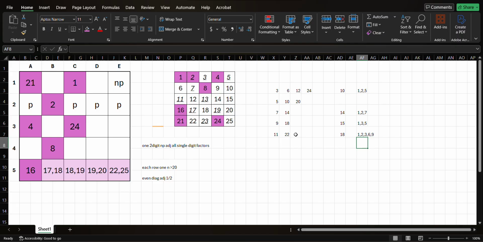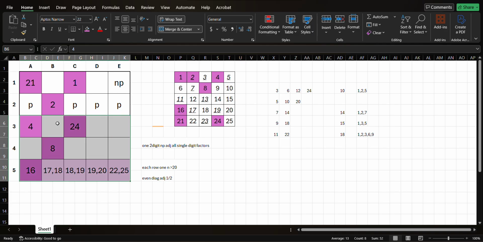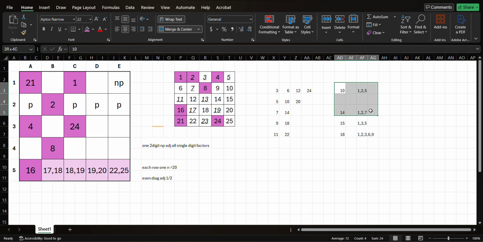Now, if there was any that had any of these numbers, they couldn't be there. So if the number is here, we could have a 10, a 14, or an 18 because they've got this 2 as well. But we would need these prime numbers to be.